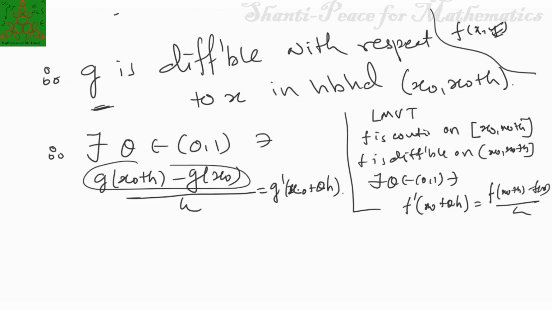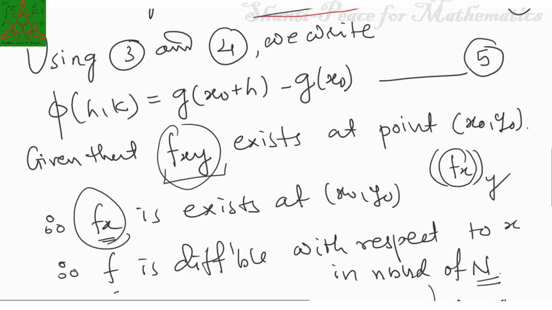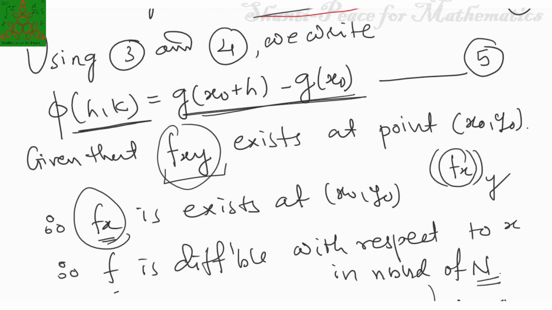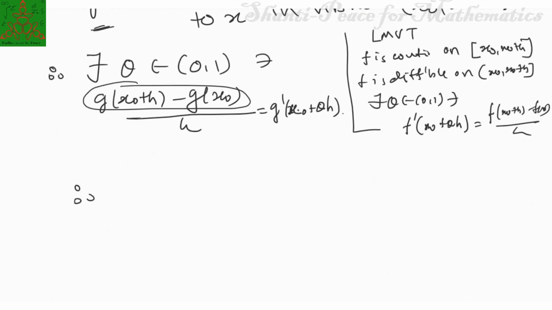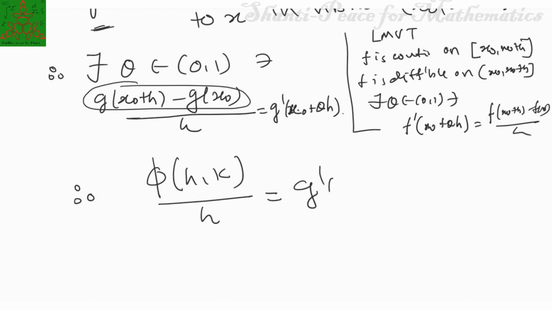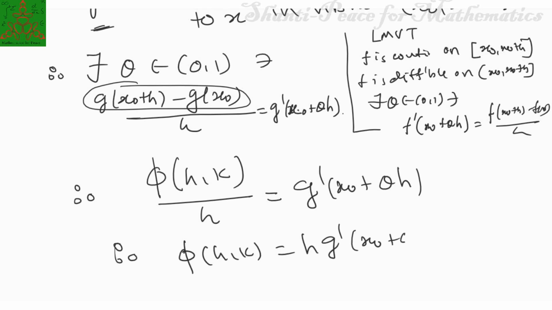That is g(x0 + h) - g(x0), which by equation 5 is phi(h, k). Therefore phi(h, k)/h is equal to g'(x0 + theta h). So hence we have phi(h, k) = h g'(x0 + theta h). We call this equation number 6.